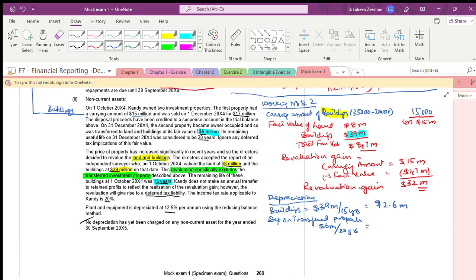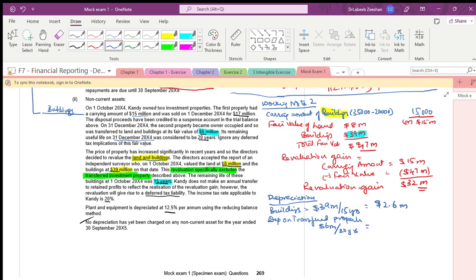What is the remaining useful life as of December 2004? They started in October 2004.